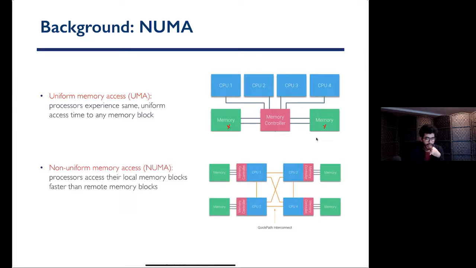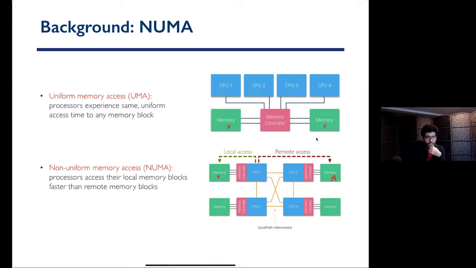Now compare that with non-uniform memory accesses. In this one, we have different memory controllers for different memory banks, and at least one of the memory controllers is local to each CPU, and the other ones are remote. Now, if you are CPU1 and you want data that resides in this bank, this is going to be considered a local access, so it's going to take a lot shorter than if you want data in this memory, which would require a remote access.